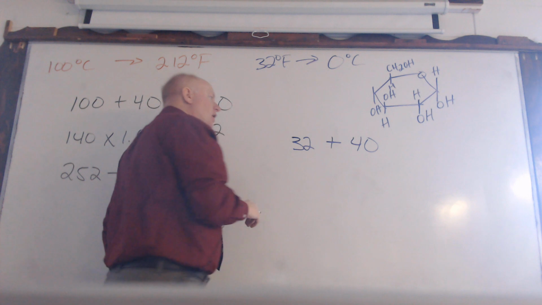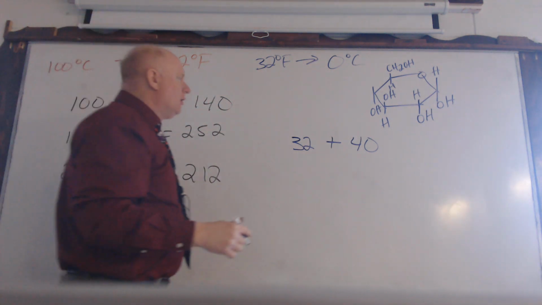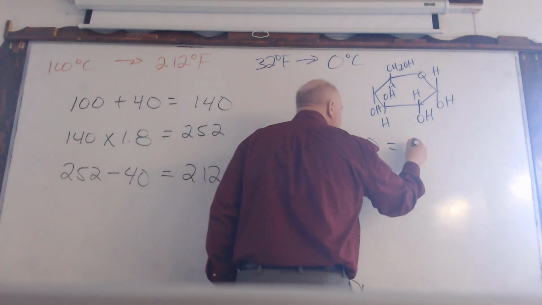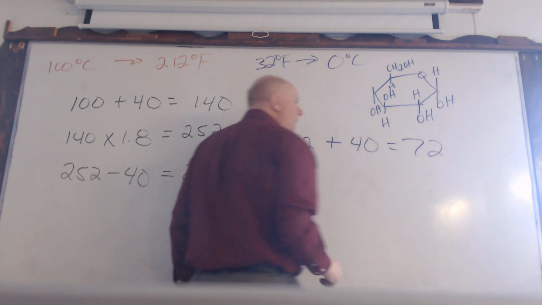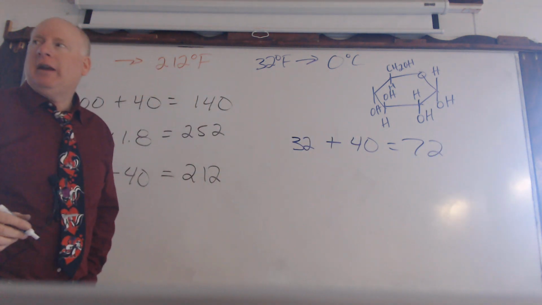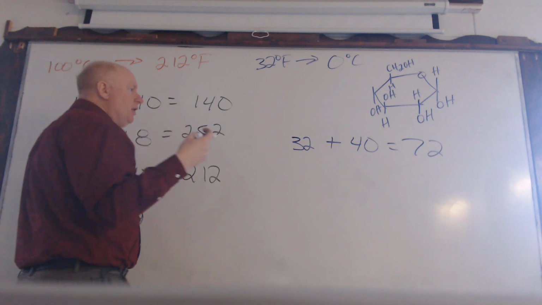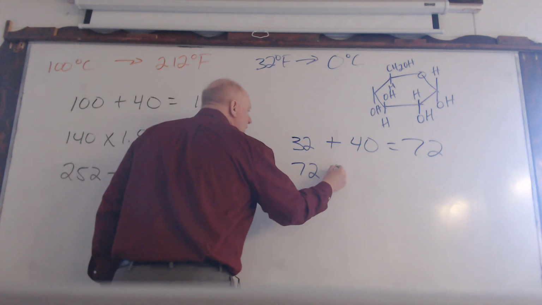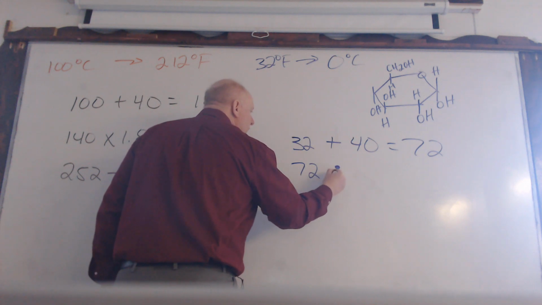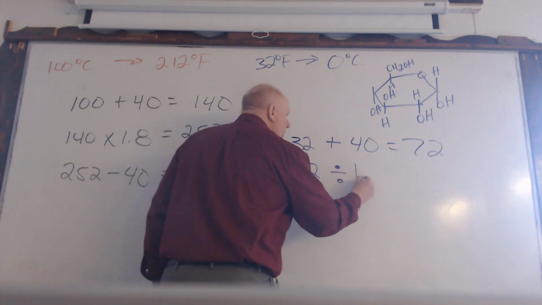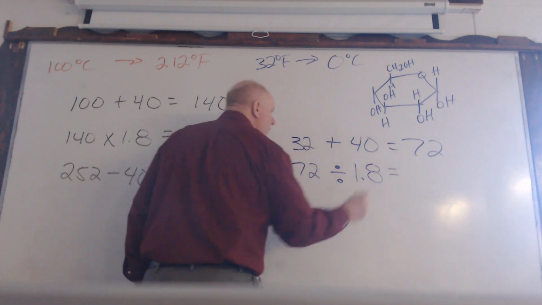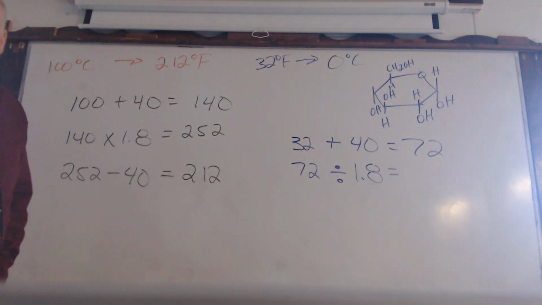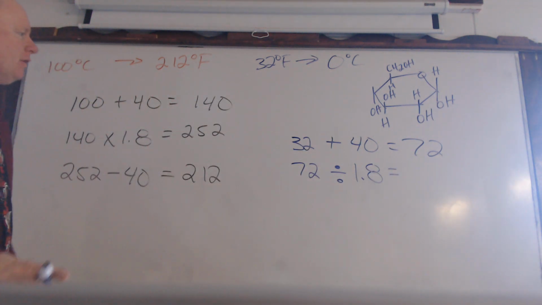Okay, so 32 plus 40. Of course, I don't think we need a calculator for that, do we? Okay, then we're going to take this number, 72, and instead of multiplying, we're going to divide by 1.8. Chances are we should get 40, correct?